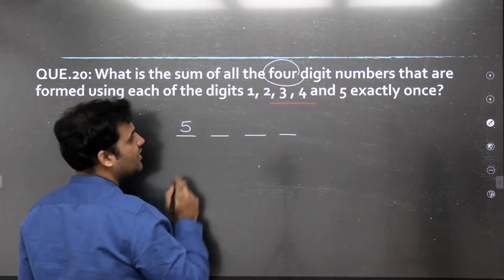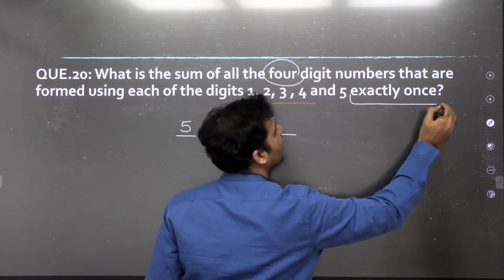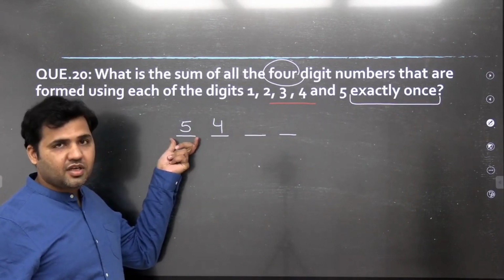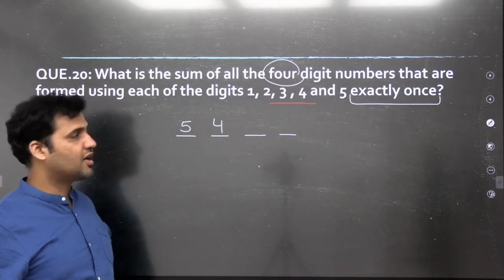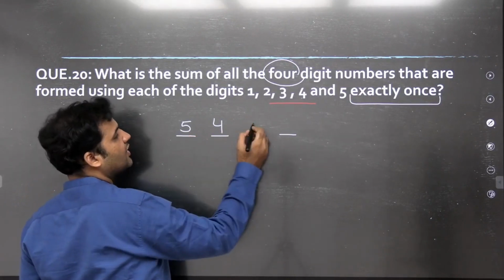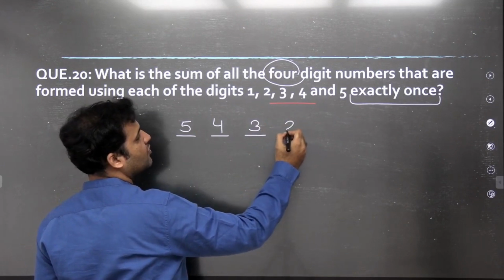The second digit can be filled in 4 ways because every digit is being used exactly once. So once a digit is placed here, I will be left with 4 more digits. Similarly, after placing 2 digits over here, I will be left with 3 more digits, and then I will be left with 2 more digits.